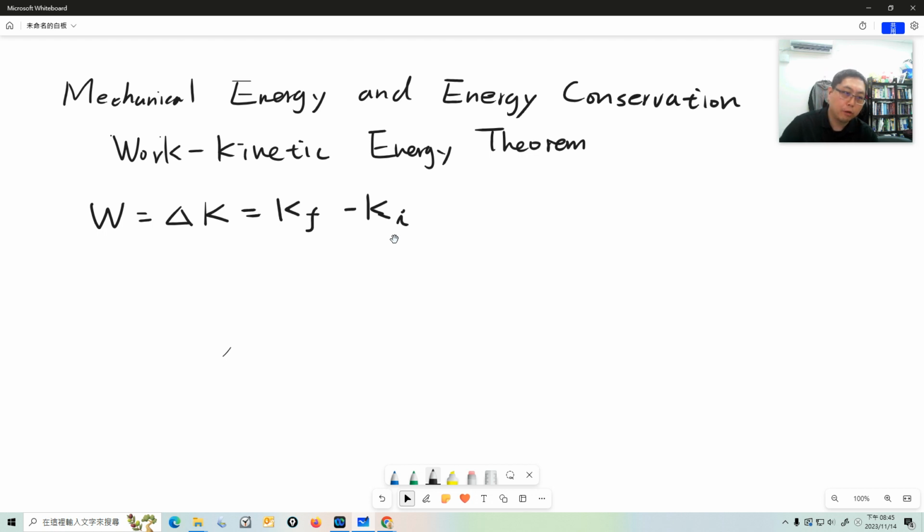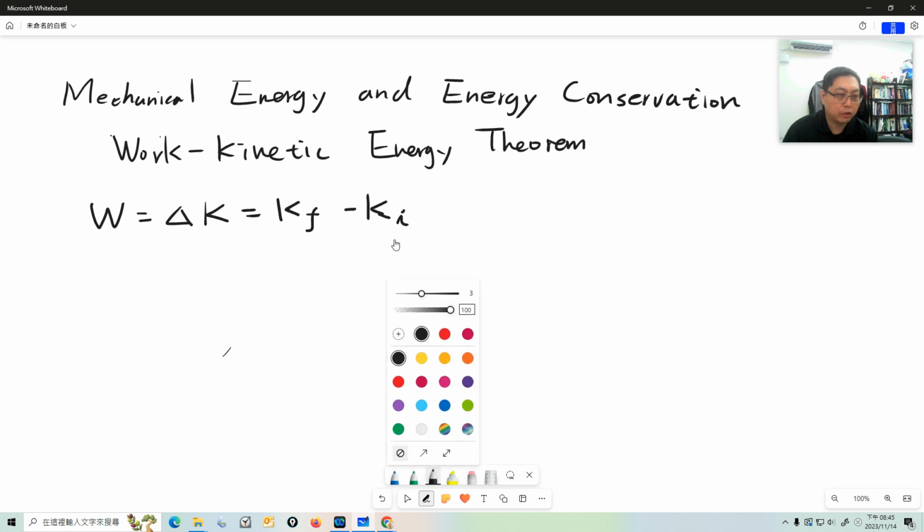In the previous section we have introduced that we can classify the work done by the conservative force and non-conservative force. So we can start from here. In the work-kinetic energy theorem, we didn't make clear detail of this work.